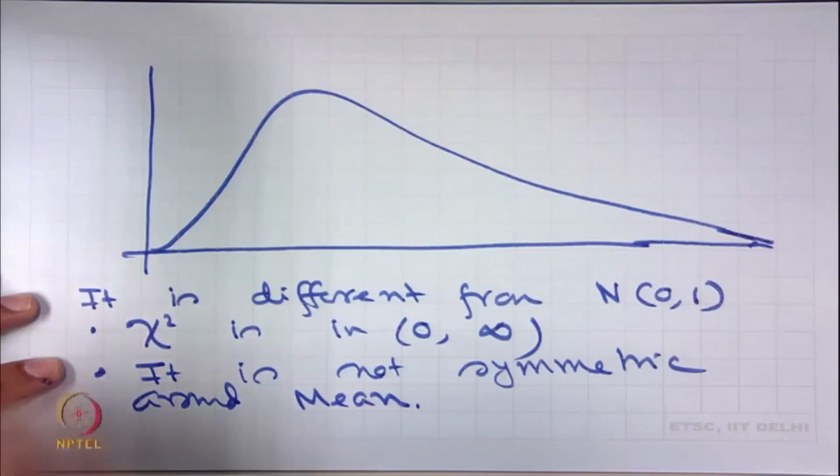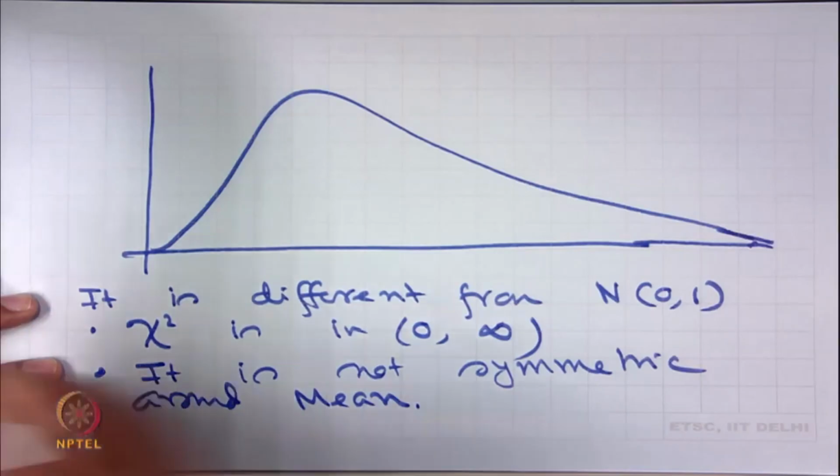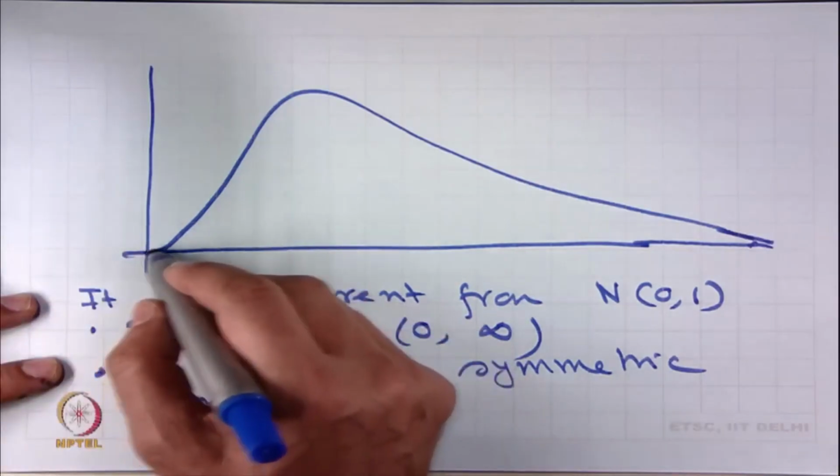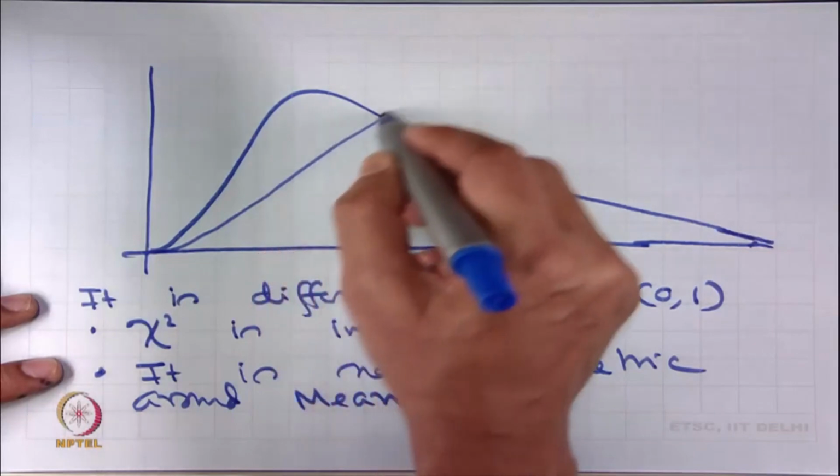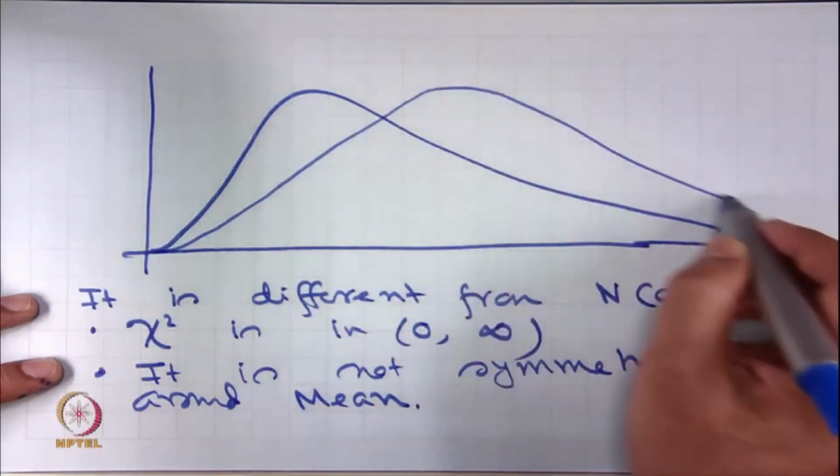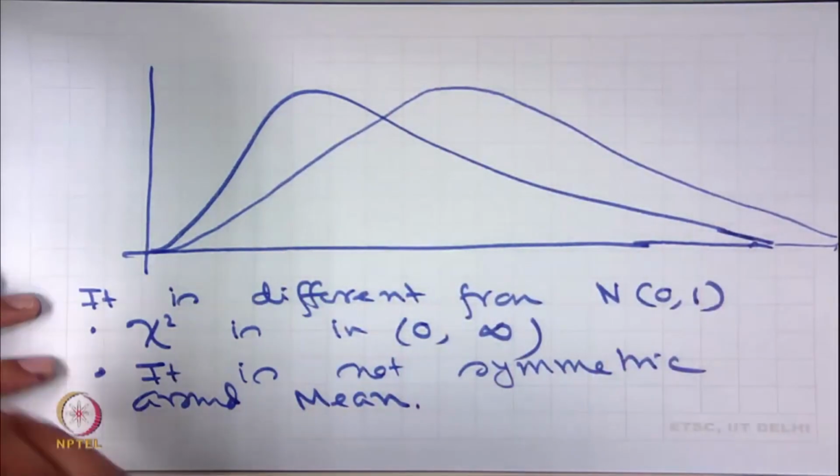Also, the shape of the chi-square changes with the degrees of freedom. As degrees of freedom increase, a chi-square may take a shape like this.